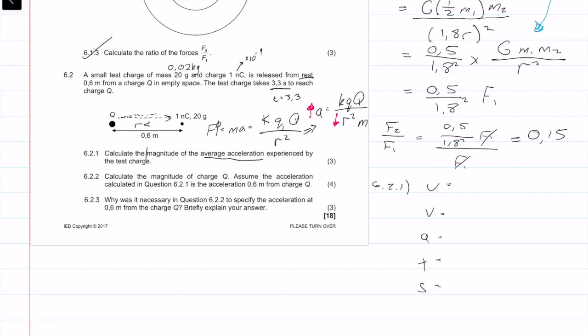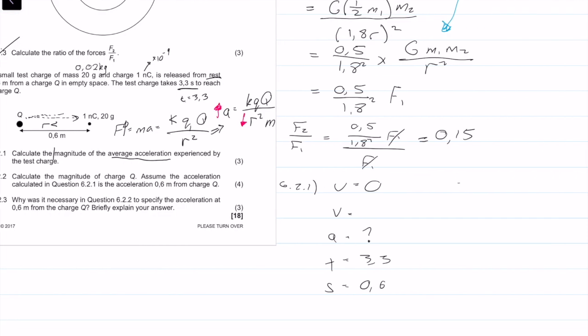Our initial velocity was from rest, so 0. Our final velocity is unknown. The acceleration is what we're looking for. The time is given as 3.3 seconds, and the distance was known as 0.6 meters. Then we can use the equation s equals ut plus a half at squared. u was 0, so this term goes to 0.